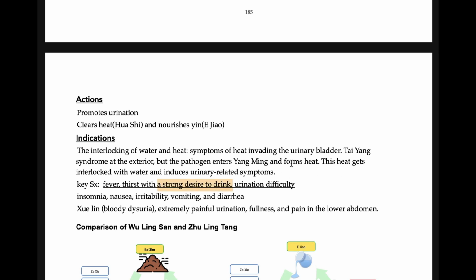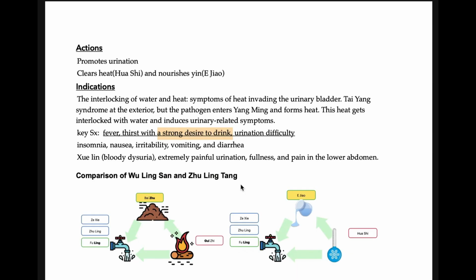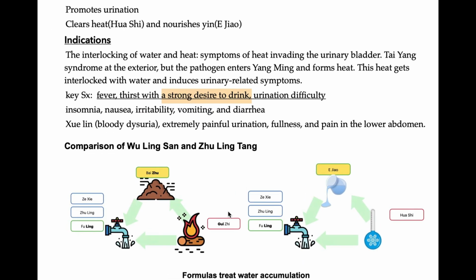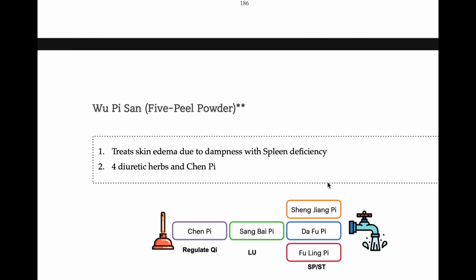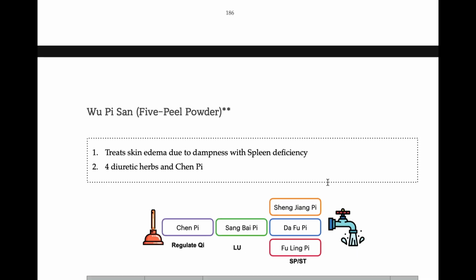There's no vomiting. This is the difference between Ulingsan and Zhulingsan. Ulingsan releases the exterior with guizhi, and Zhulingsan clears heat with huashi and tonifies yin with ejiao.